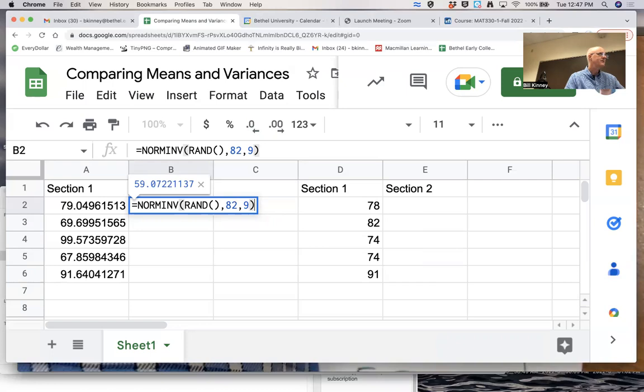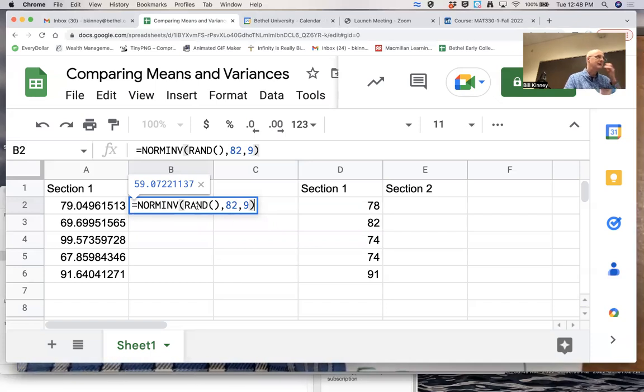RAND, remember, gives you a random decimal between 0 and 1. When I plug such a random decimal into NORM.INV, pretend RAND is 0.7 or something, NORM.INV in that case is effectively giving the 70th percentile. Now, this number 59 is a very small number compared to the mean of 82 here.